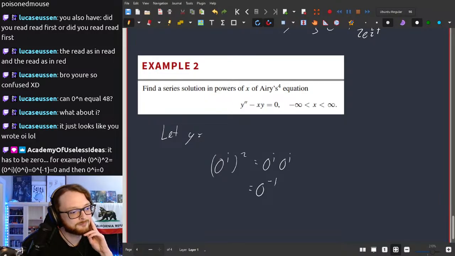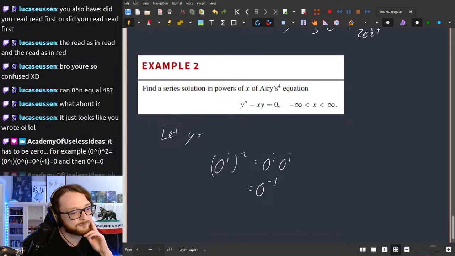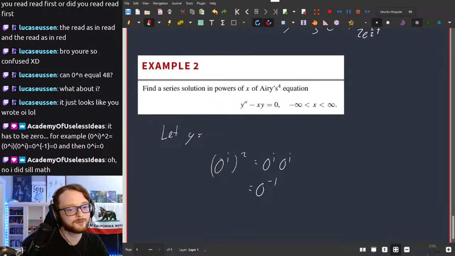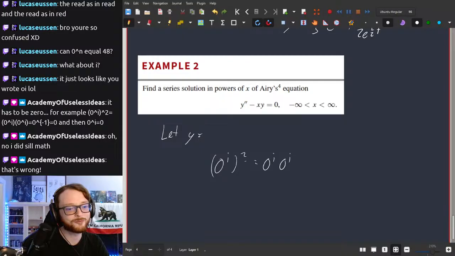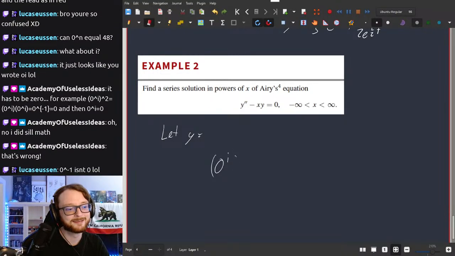Wait, no. Yeah, because it's 2i. Oh, also, yeah, 0 to the negative 1 isn't good, right?